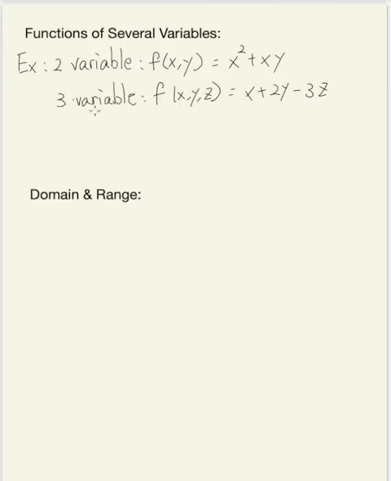Okay, let's see a couple examples. The first one. Suppose we have a function f of x and y equals square root of 64 minus x squared minus y squared. Let's look for the domain first.